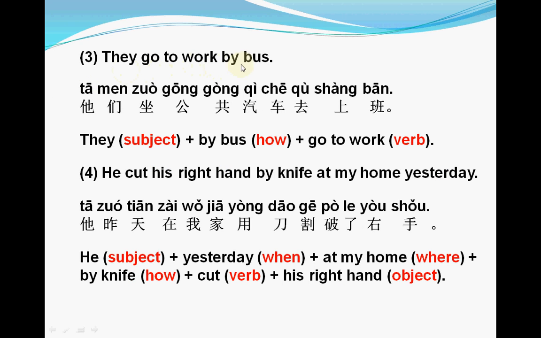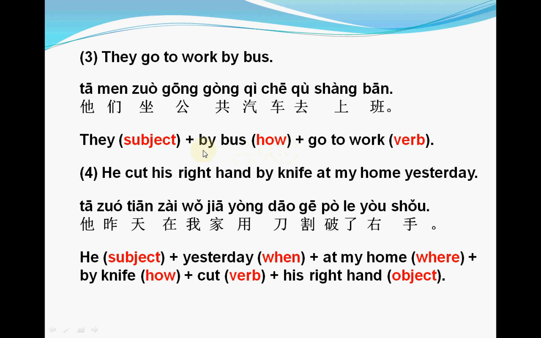Okay, let's see another example. They go to work by bus. Okay, let's use the word order to translate this sentence to Chinese. They, subject, it should be followed by when, we don't have when, and followed by where, we still don't have where, and then followed by how.